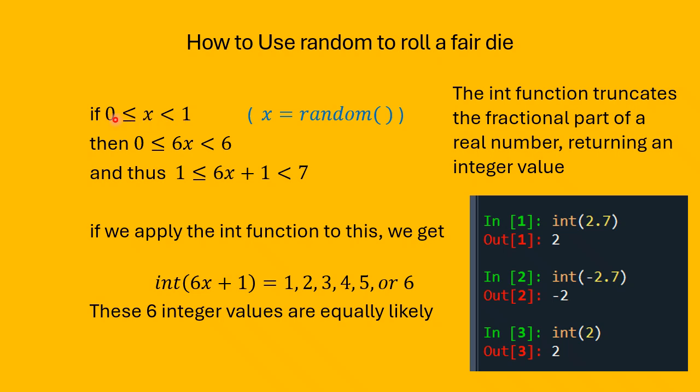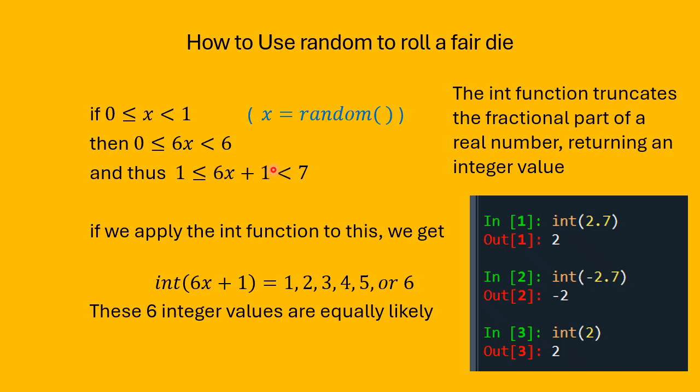If we multiply by 6 all the way through this inequality, then we have that 0 is less than or equal to 6x is less than 6. And now if I add 1 all the way across, we get 1 is less than or equal to 6x plus 1, which is less than 7.